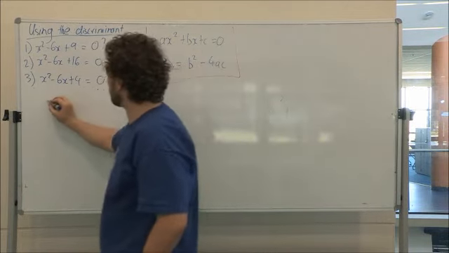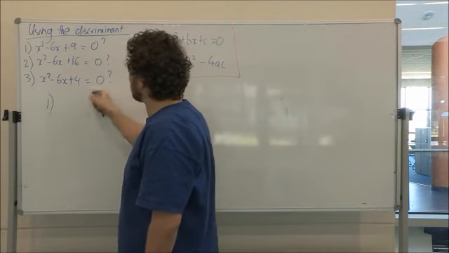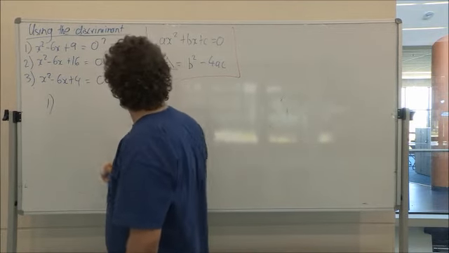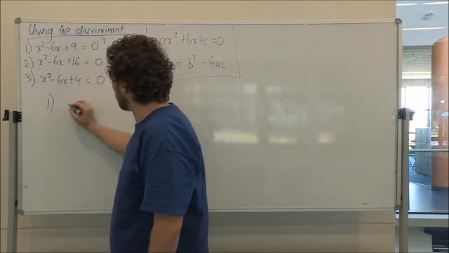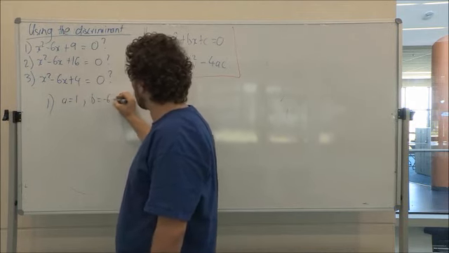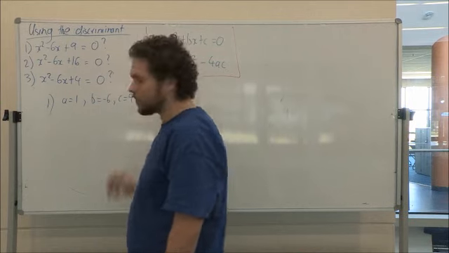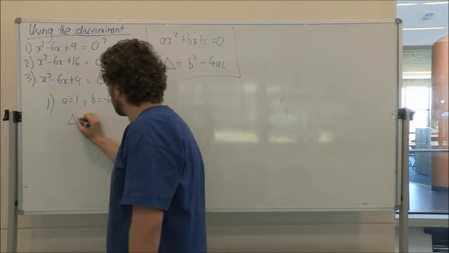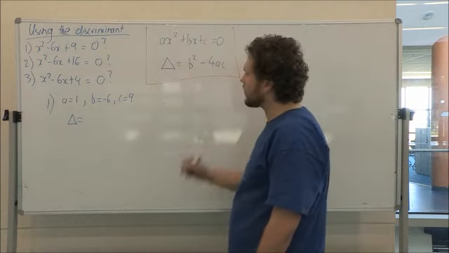So for number 1, let's just think about our values, reading off. Our a is 1, our b is -6, and our c equals 9. So our discriminant is going to be b squared minus 4ac.